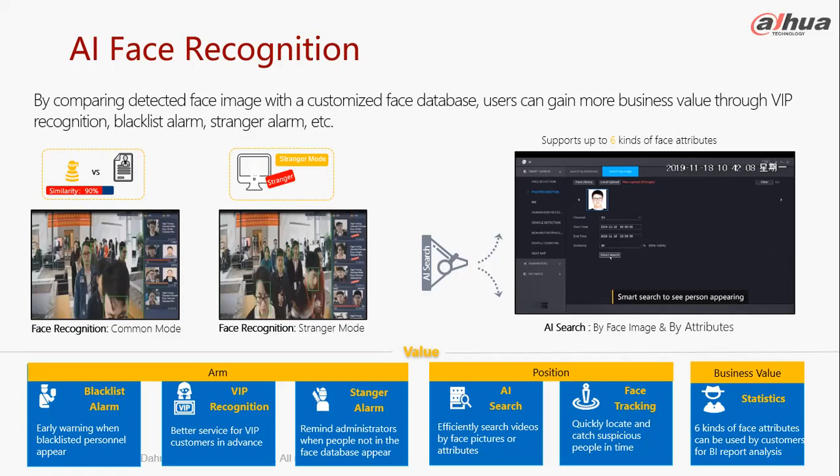You can do stranger. You can do AI search. So with AI search, you can search on recognition that has been done before, including face attributes and face metadata, including wearing glasses, a smiling face expression, a beard, etc. Face tracking: quickly locate and catch suspicious people in time.